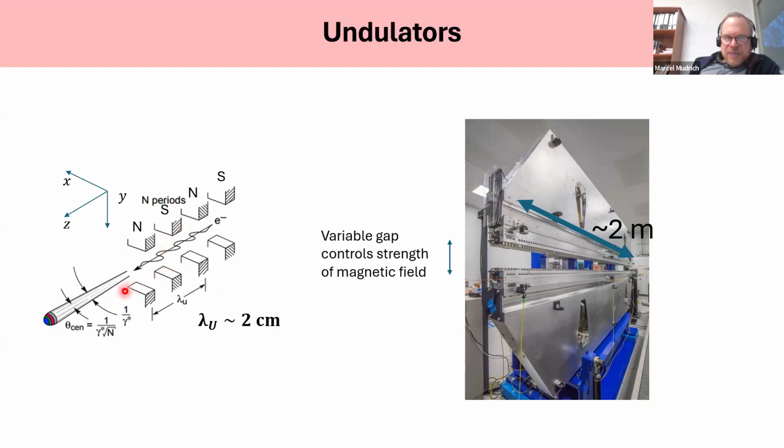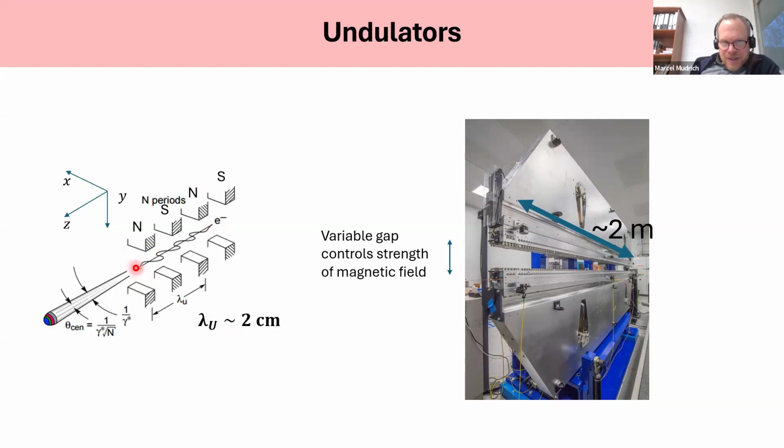If we want to have some degree of control of the Lorentz forces acting on the electrons here, we would like to control the magnitude of the magnetic field.